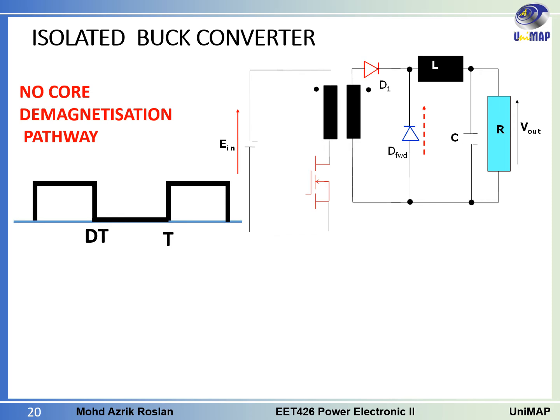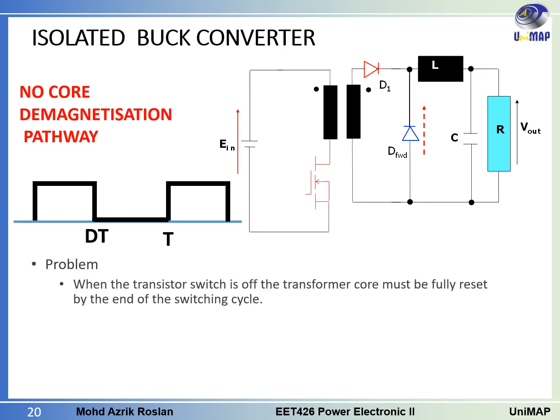As we know, this is the normal pulse that we can give to the MOSFET to make it turn on. If we give this pulse to the MOSFET, it turns on, and this one it turns off. So one complete cycle here is called the switching cycle. The problem is when we turn on the MOSFET, we give this signal, and then the current flows here. The primary winding and the secondary winding will get charged.